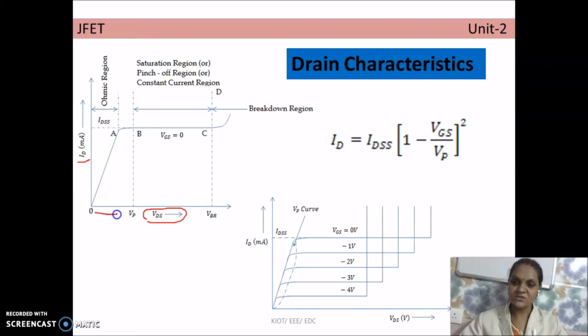Now if we increase the voltage from 0 towards the maximum value, initially the drain current starts to increase. This is because, to some extent, the reverse bias is not strong enough to reduce the value of ID, so initially it permits ID to increase.